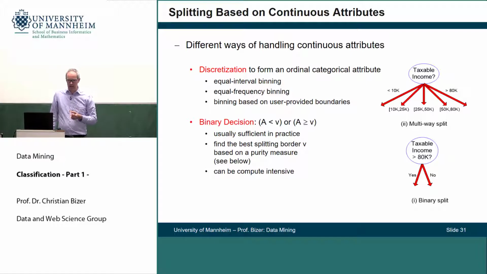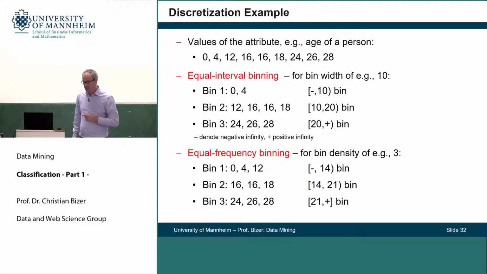That's discretization. We have two possibilities of doing this. We'll look at them in a second. The second approach is binarizing the attribute, which normally is sufficient in practice, and we will see how we use our purity measures for finding a suitable decision boundary in a second, in 2 seconds. Let's start with the discretization example.